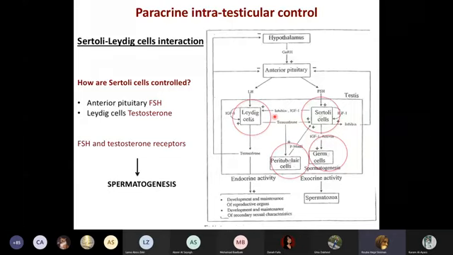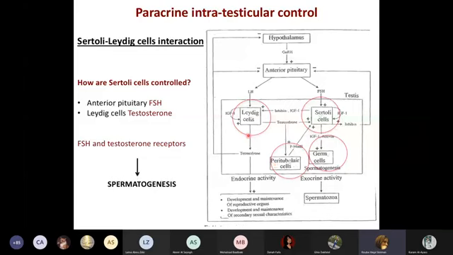The first important thing is that the molecules secreted between all of these different cells, Leydig, Sertoli, germ cells, and peritubular cells, act either in a paracrine or an endocrine way.